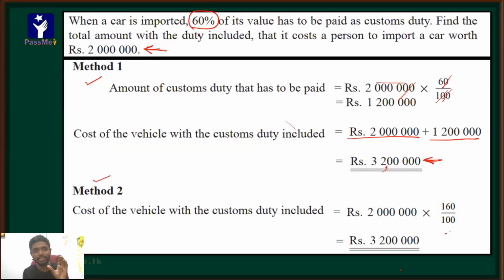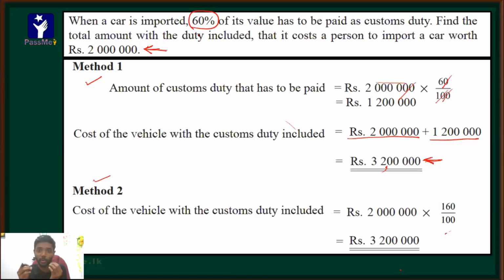60 rupees you have to pay to the Sri Lankan government. Actual value 100, but you have to pay an additional amount of 60 rupees to the government as custom duty. The two values you can add together as 160.